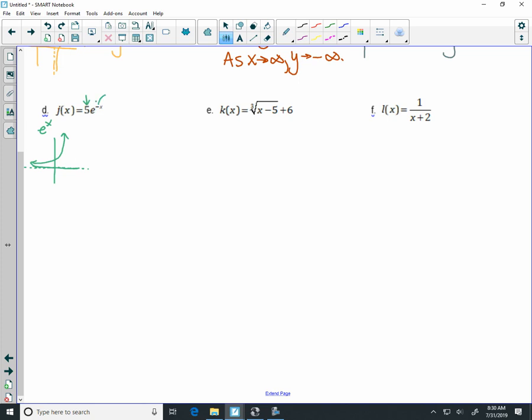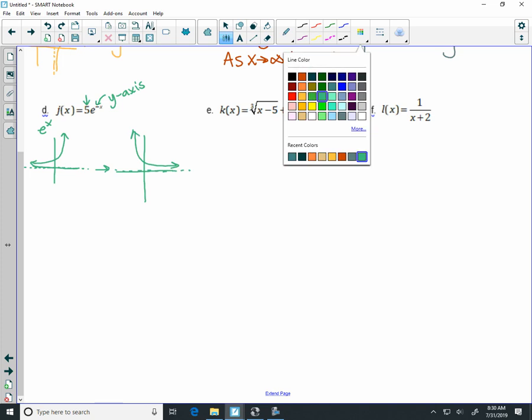This is the one that really affects things here: the negative with the x is going to be a reflection over the y-axis. I really have to think hard doing this one, honestly. So now, instead of our function growing from left to right, when we flip that over the y-axis, it's going to look like this. And that really affects the end behavior here.